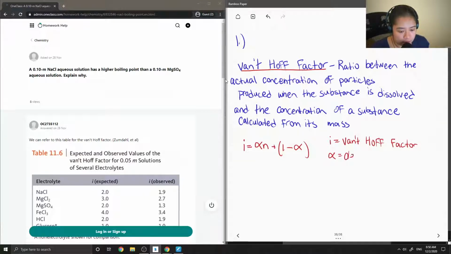Alpha is the degree of dissociation. n is the number of ions formed.